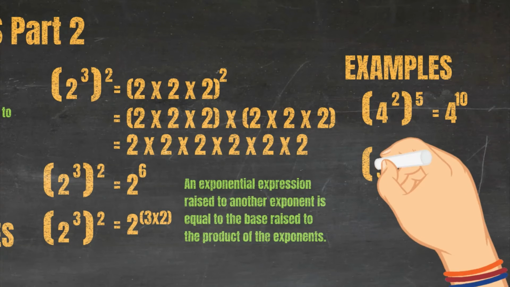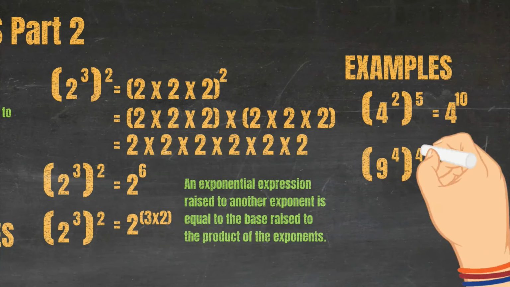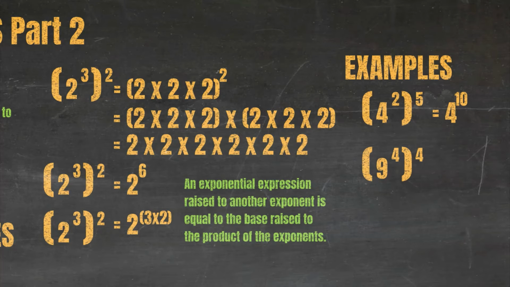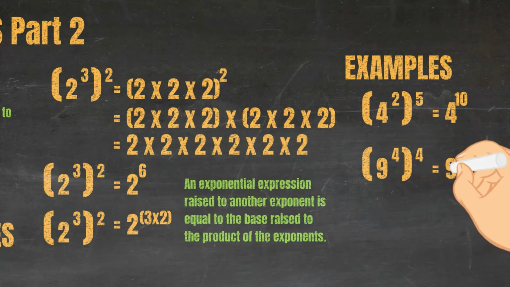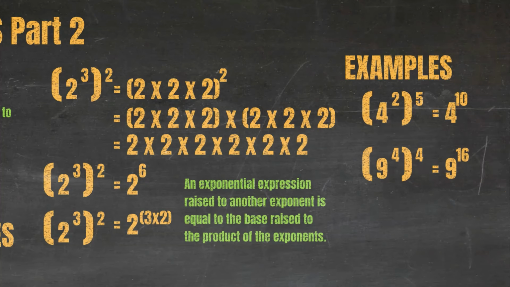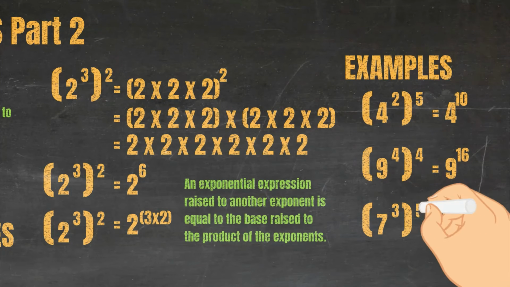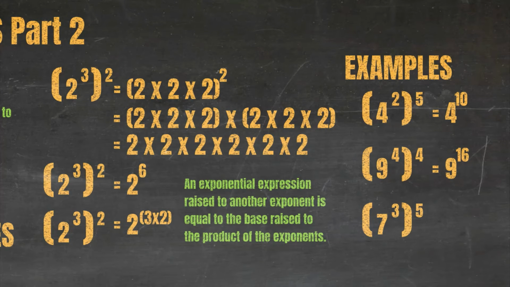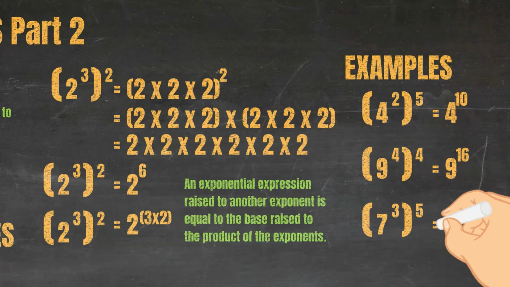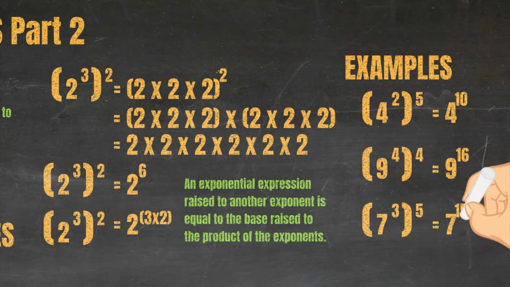Next, 9 to the 4th power raised to the 4th power. 4 times 4 equals 16. 9 to the 4th power raised to the 4th power is therefore equal to 9 to the 16th power. Next, 7 cubed raised to the 5th power. 3 times 5 equals 15. 7 cubed raised to the 5th power is therefore equal to 7 to the 15th power.